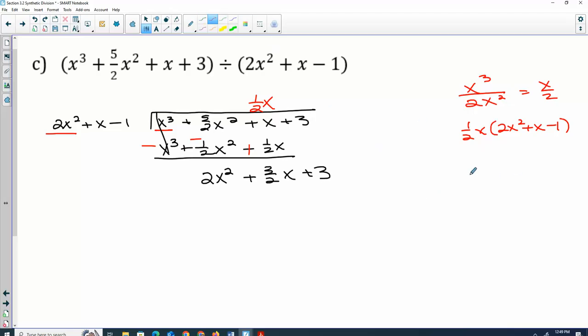Alright, we're back to the beginning. Divide the first ones. What is 2x squared divided by 2x squared? 1. Anything divided by itself is 1. So then we multiply 1 times the 2x squared plus x minus 1.